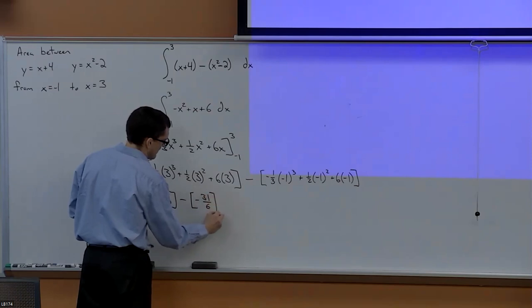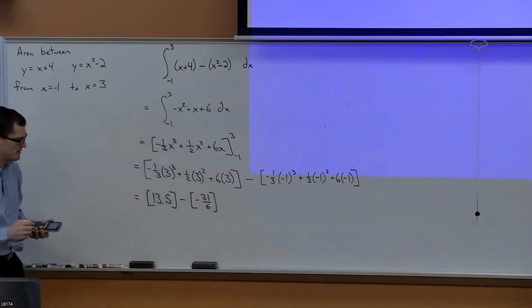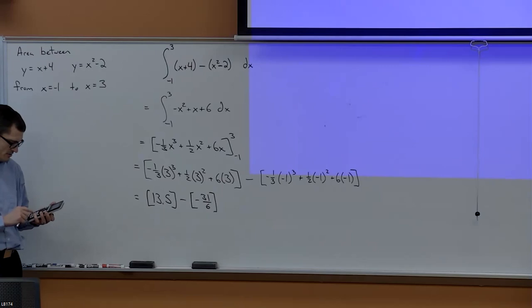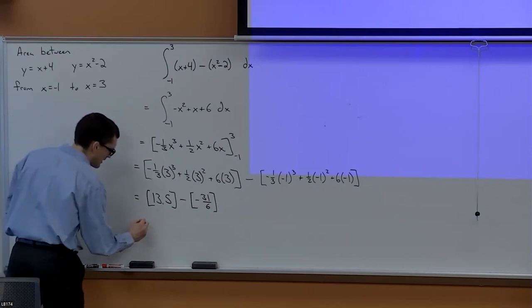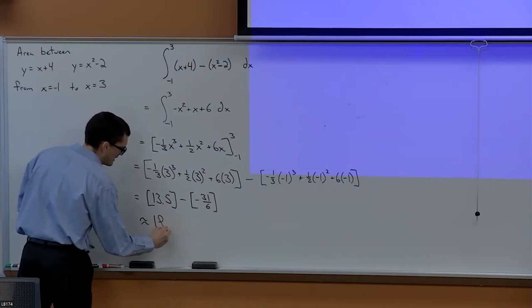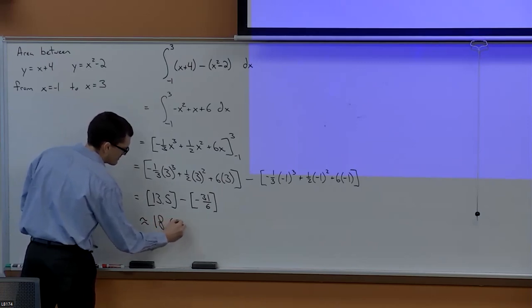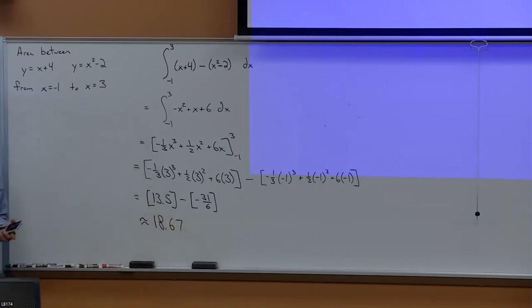If I'm typing that in my calculator, I get -31/6. So we get 13.5 minus a -31/6, which gives me 18 2/3, or roughly 18.67 when I round it to 2 decimal places.